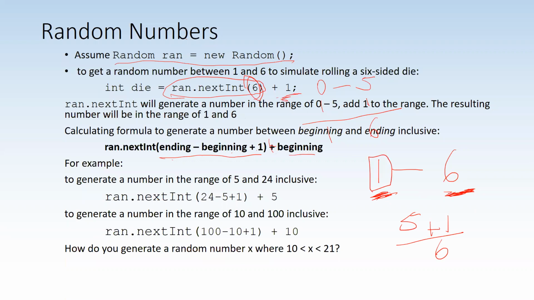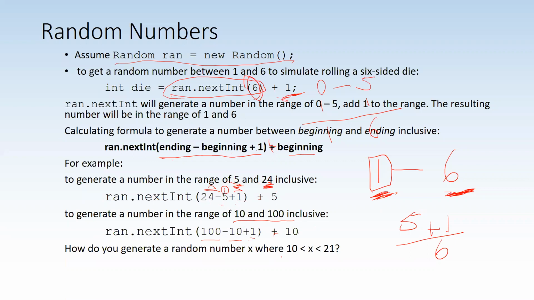To generate a number in the range of 5 to 24, you will do 24 minus 5 plus 1, and then add the beginning. So that gives you 19 plus 1, that gives you 20. This would be 20. For 10 to 100, you will do 100 minus 10 plus 1, that gives you 91, plus 10.